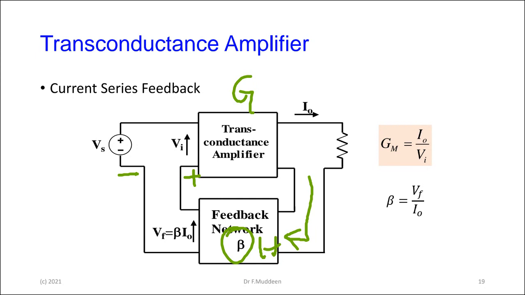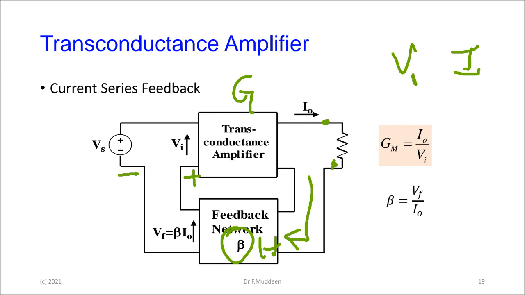All right? So once you get in your mind what it is I am feeding back, what it is I am sampling, the feedback has to sample something. Is it the output voltage or current? If I have to sample voltage, then I have to sample the voltage across the load.